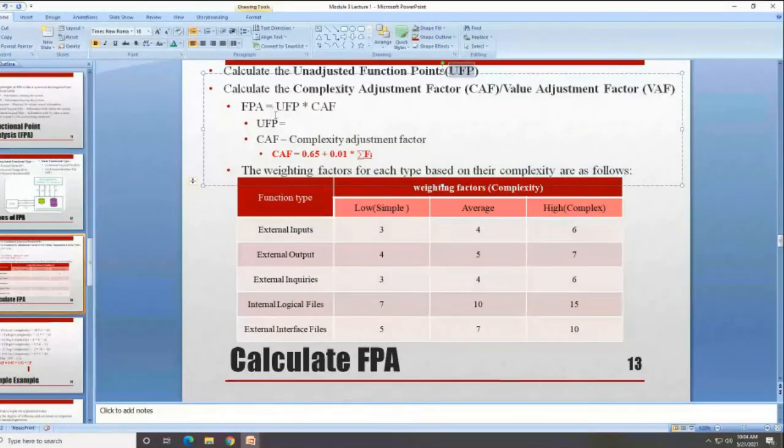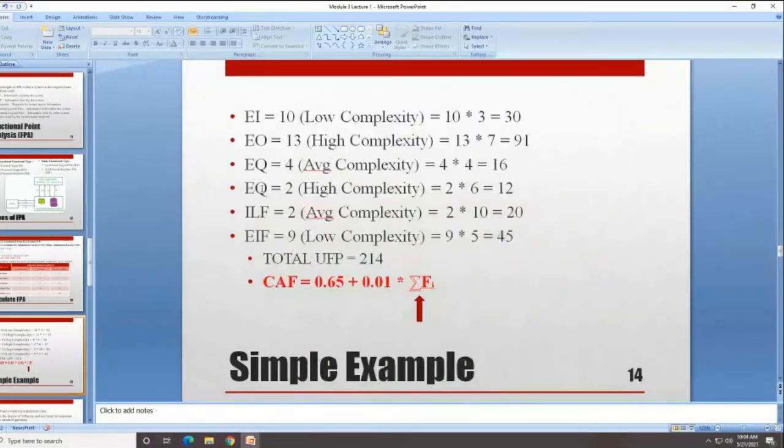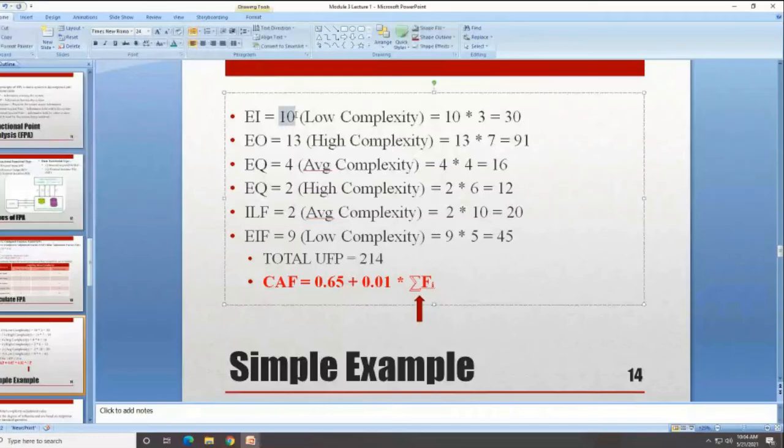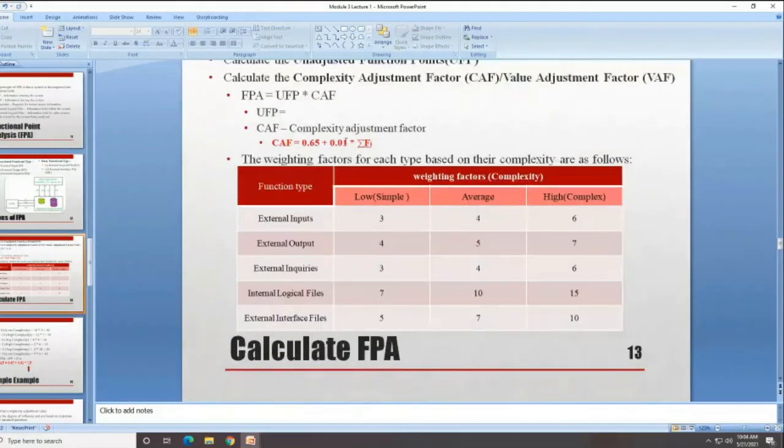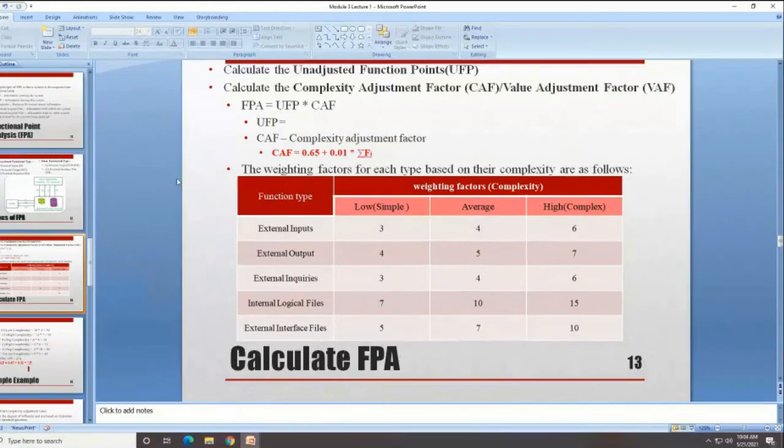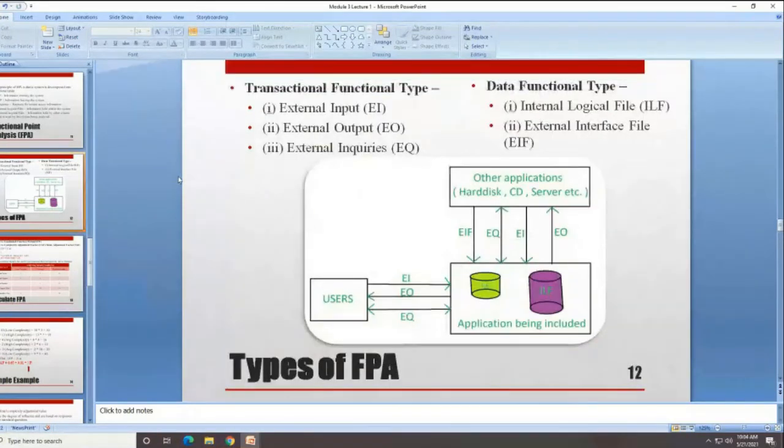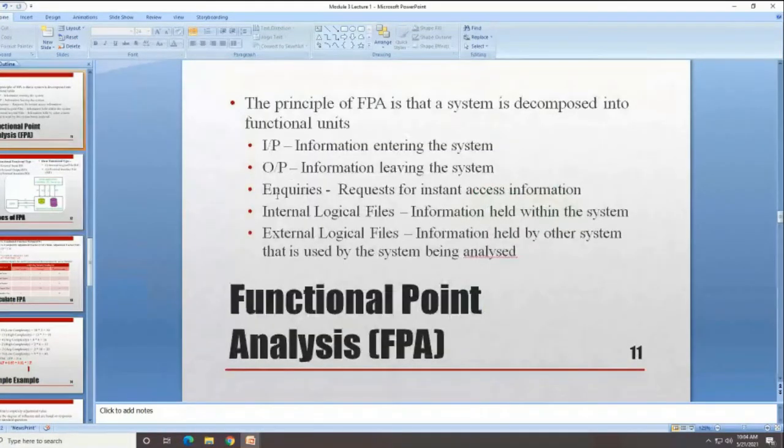To calculate the UFP, we used this method: the number of inputs into the complexity level, right? For each and every principle, we have discussed about 5 principles: input, output, inquiries, ILF, ELF.